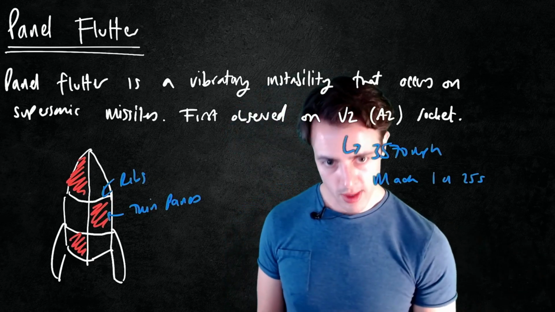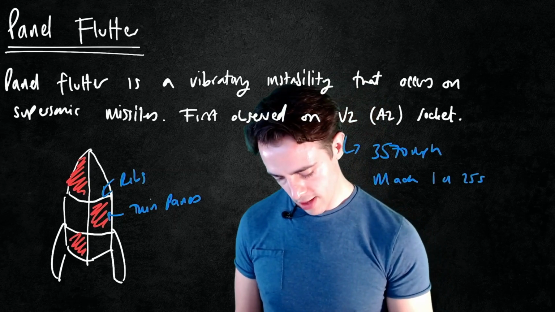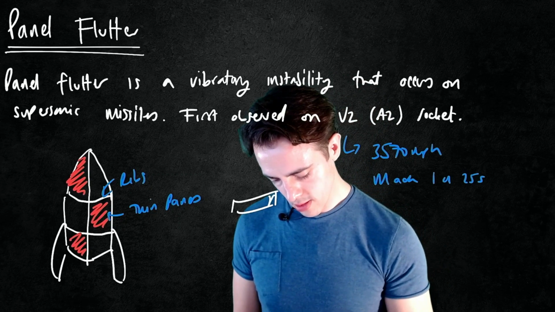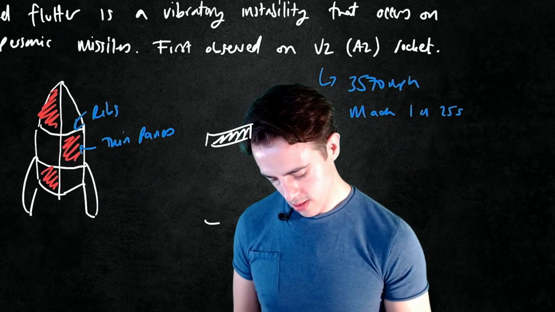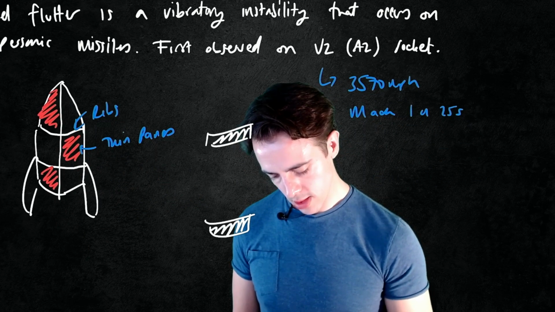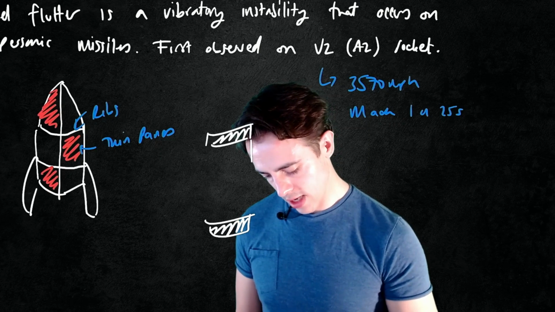Then if we were to zoom in on what actually occurs there, we'd have these very rigid ribs connected by a very thin panel.